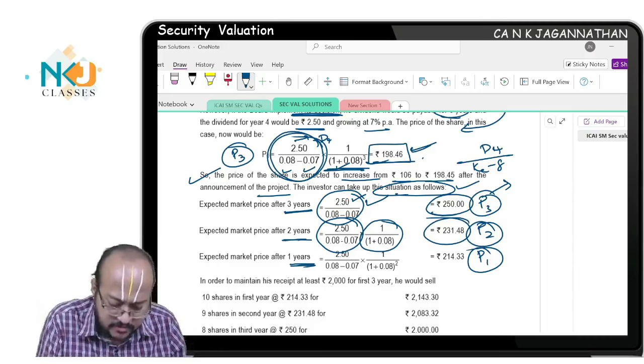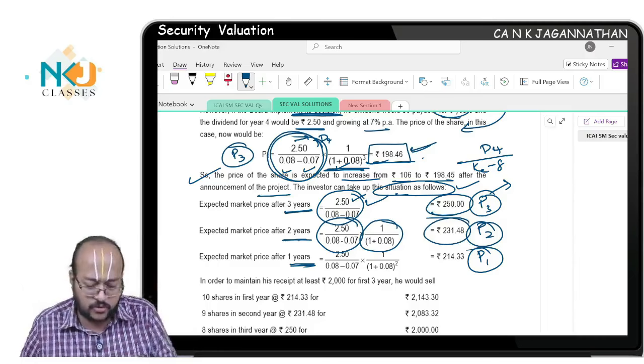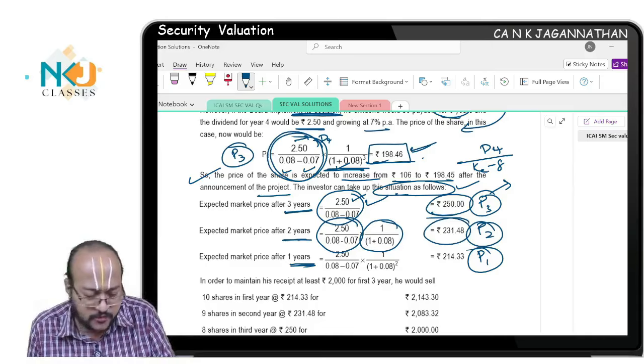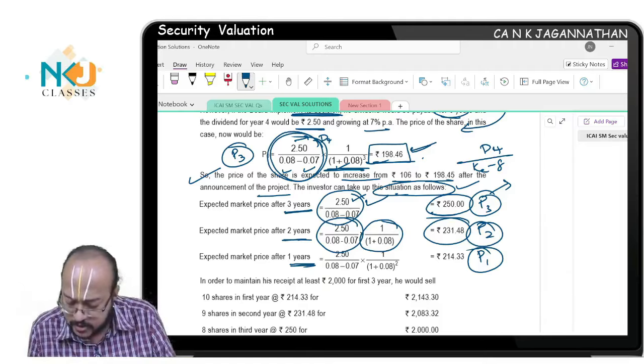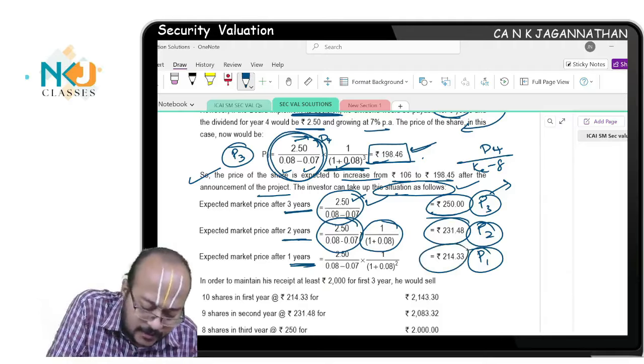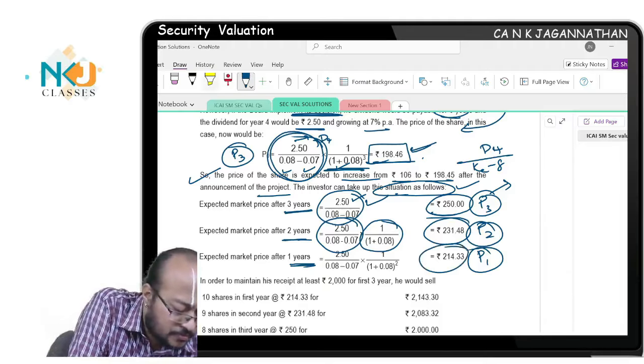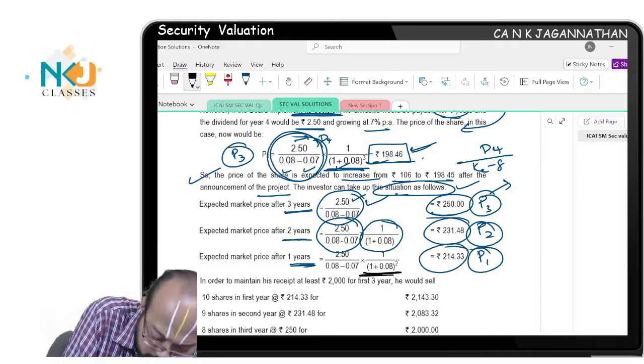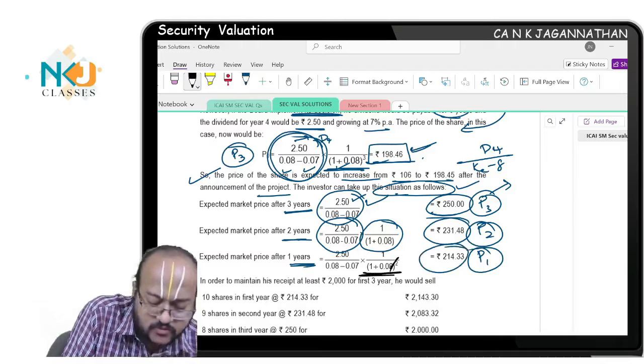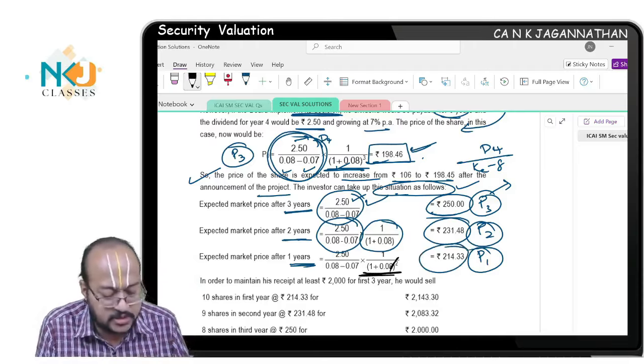After 1 year, there is a mistake, I think, in the institute module. 1 second. You have 231.48. 231.48 divided by 1.08, okay, 214.33. This is a mistake, please note. This is not 1.08 raised to the power 2. This is 1.08 only. Are you all understanding what I am trying to say?